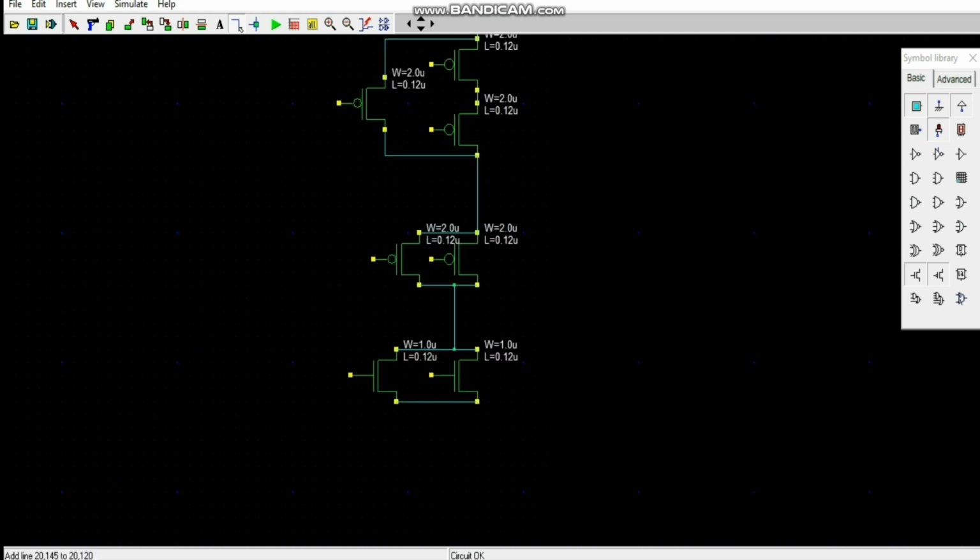For the NMOS network, both B and C are parallel with each other, and A is in series to both. C and D will be parallel to the whole previous terms.